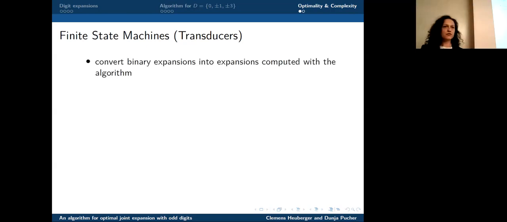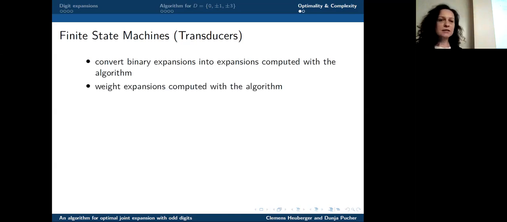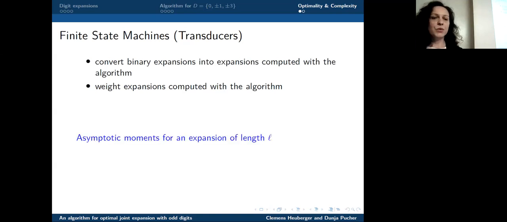The first one converts binary expansions into expansions which are computed with the algorithm. The second one weights our expansions which are computed with the algorithm. And based on this transducer, we calculate asymptotic moments for an expansion of length L. And we get the following result.